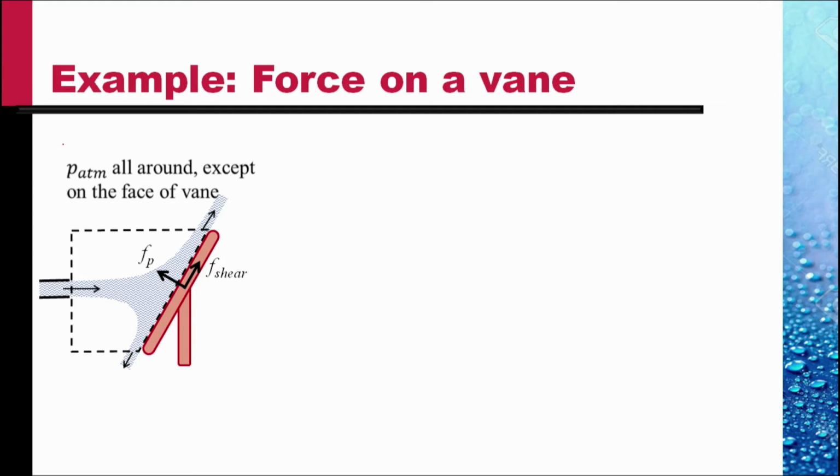This is not a very good choice, since shear force would act on this control surface all along the vane, and so too would the pressure force be. It's not easy to determine those forces.